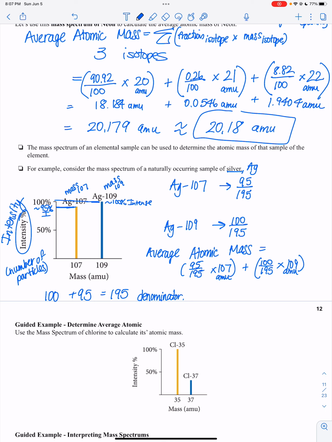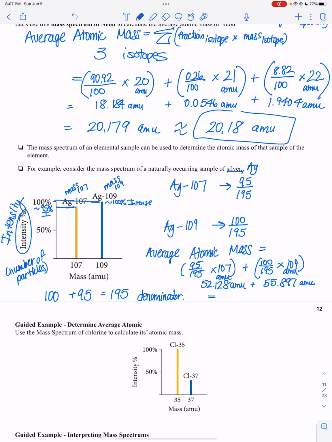You don't need the percentage. This is not typical. I'm going to say it's not typical to use intensity, but we can still do the math here. I'll do 95 divided by 195, and I'll multiply that by 107, and I'll get 52.128 AMU, and I'll add that to 100 divided by 195 times 109, and I'll get 55.897 AMU.